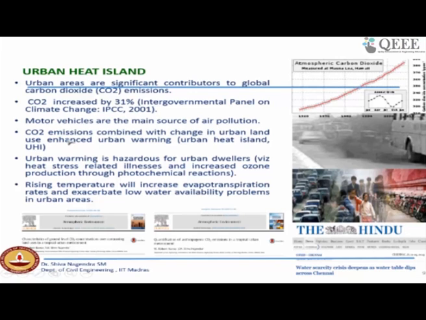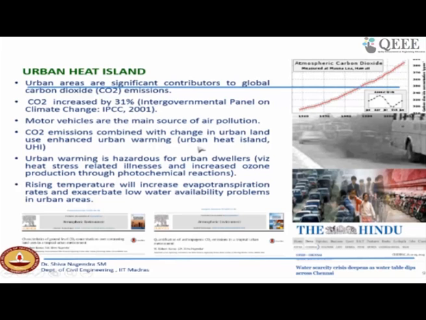For example, take a central business district where the land use is completely changed in terms of the green cover, the building height, and the air circulation, which we can relate to something called the ventilation coefficient. Ventilation in that area is altered because of the change in land use. As a result, more vehicles will be in the central business district, hence more CO2 emissions.